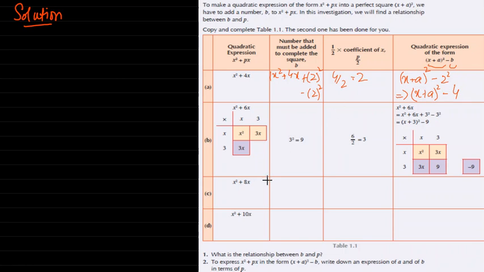Now coming on to part C, x square plus 8x. Again, x square plus, how can I segregate 8?